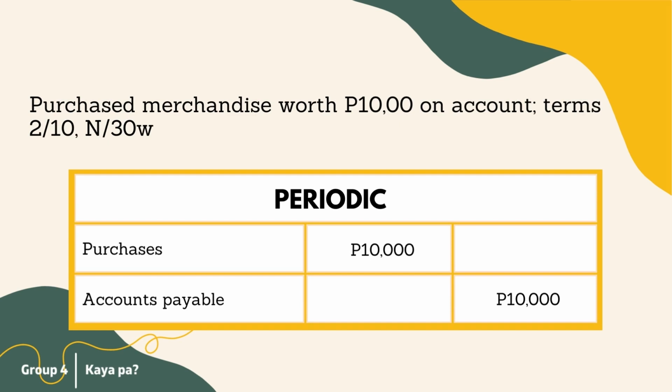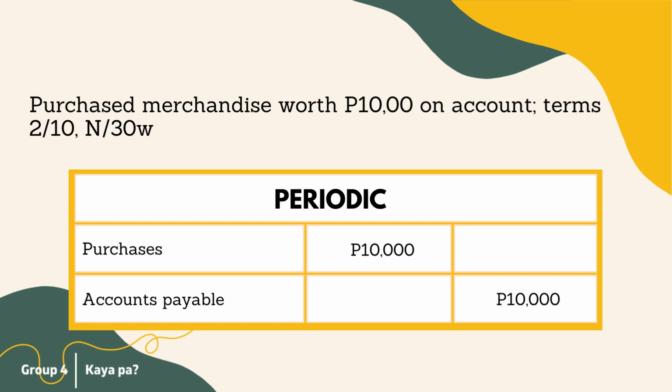Next, have another example. This one affects purchases because you are buying merchandise. The problem is, purchased merchandise worth 10,000 pesos on account, terms 2% paid within 10 days and net should be paid within 30 days.